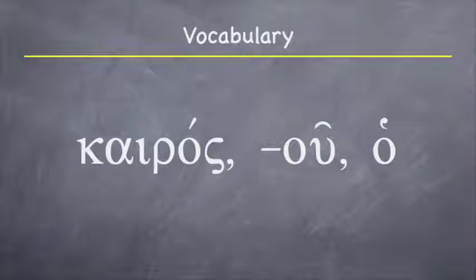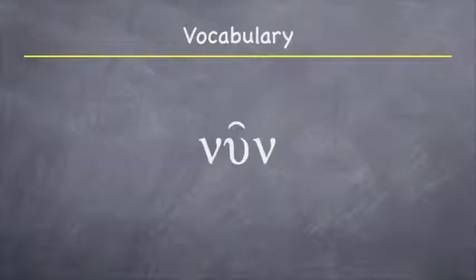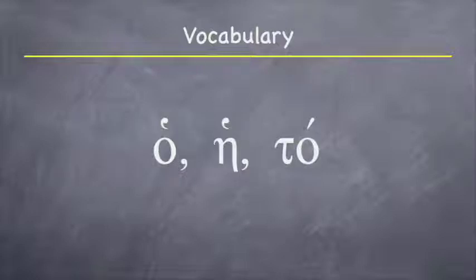Kairos, kairu, ha. Time, appointed time, season. Noon. As an adverb, now. As a noun, the present. Ha, he, ta. The.